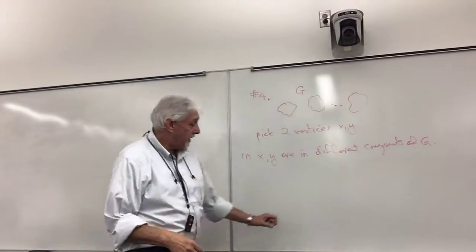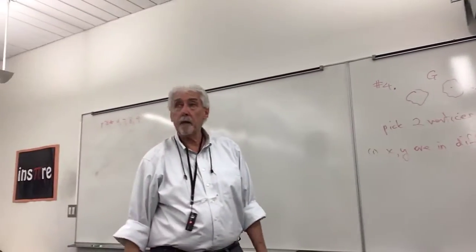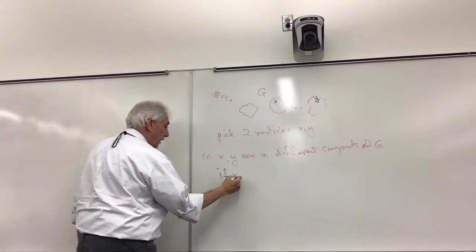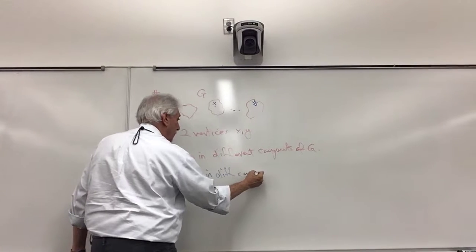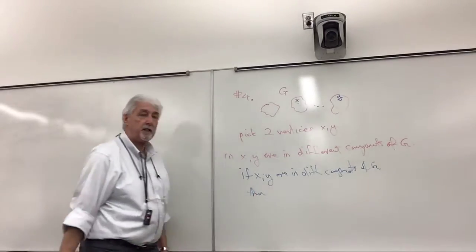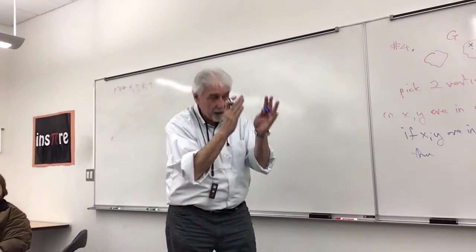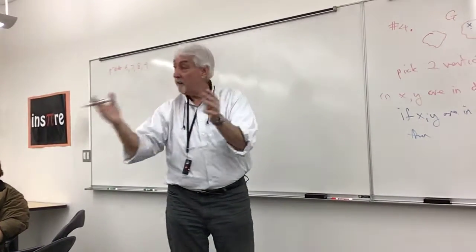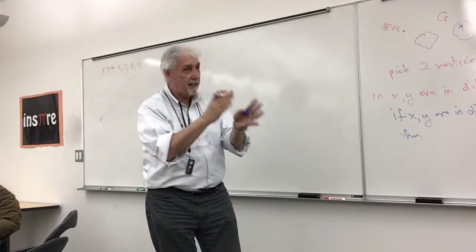Let's imagine I close my eyes, I pick a vertex here and a vertex here. If X and Y are in different components of G, then what can you tell me about what happens in G complement? We have to be careful when we say connected versus adjacent.